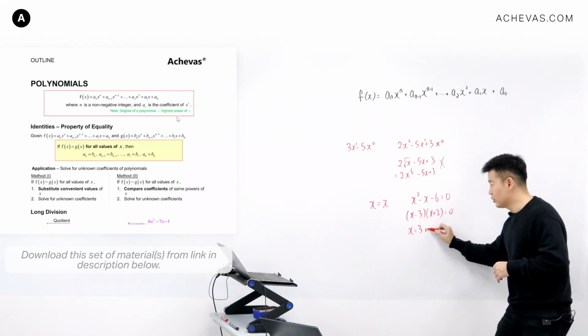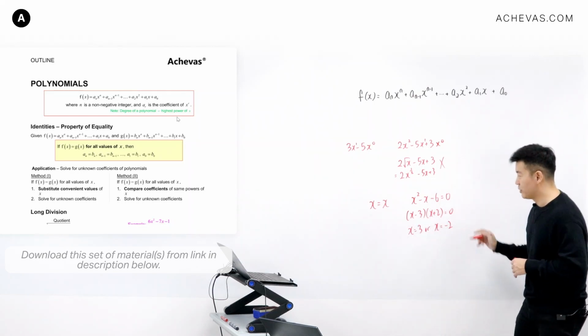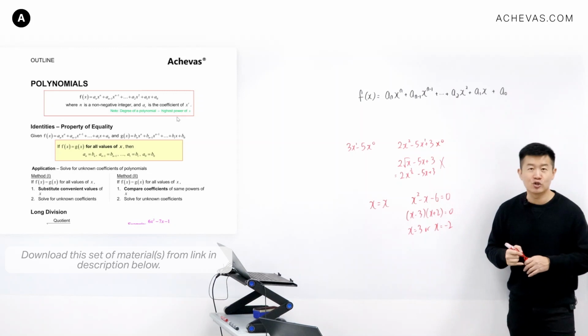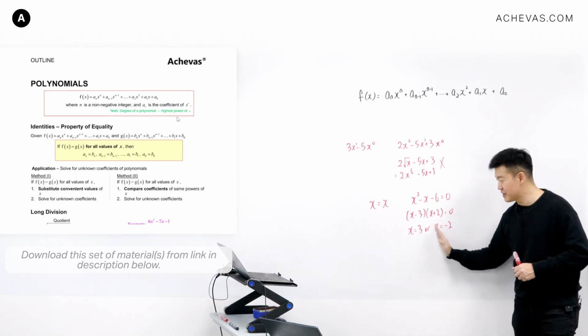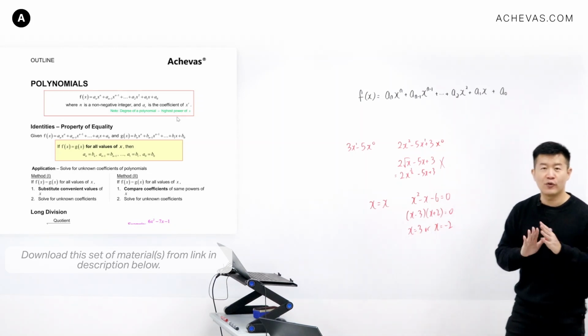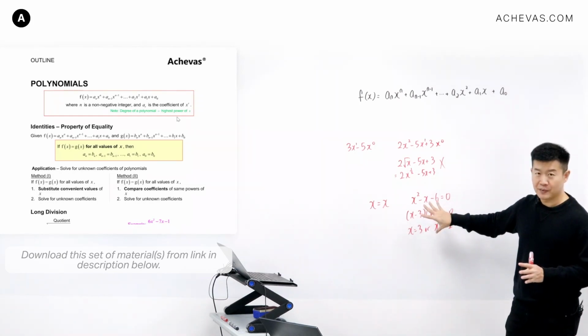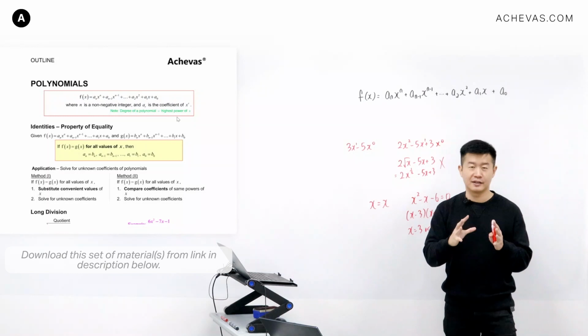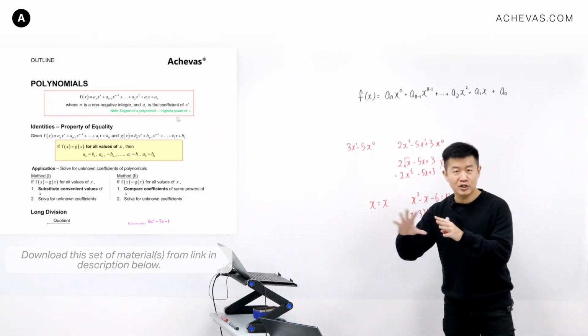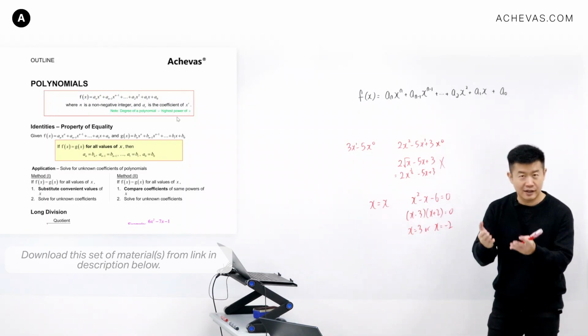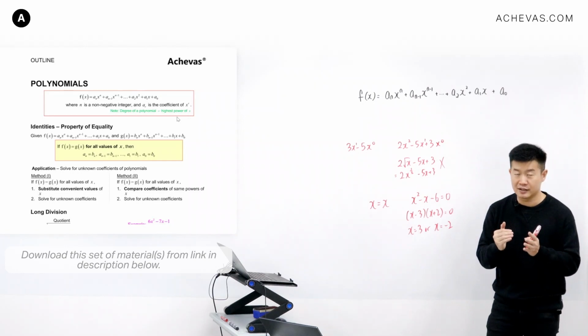So x is going to be equal to 3 or x is going to be equal to minus 2. This equation here is true only for two specific values of x. It is not true for all values of x. So this is not an identity. So not all equations are identities, but the moment when an equation is true for all values of x, then it is considered an identity.